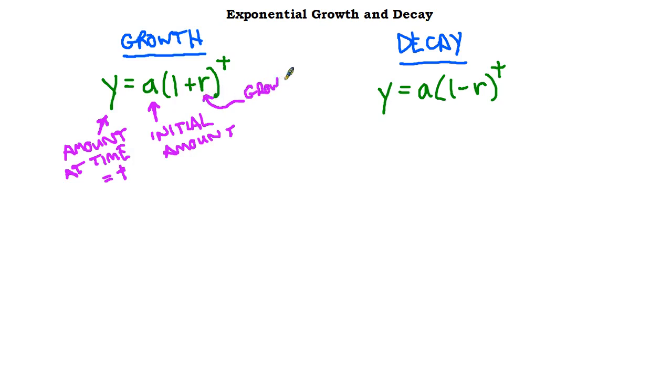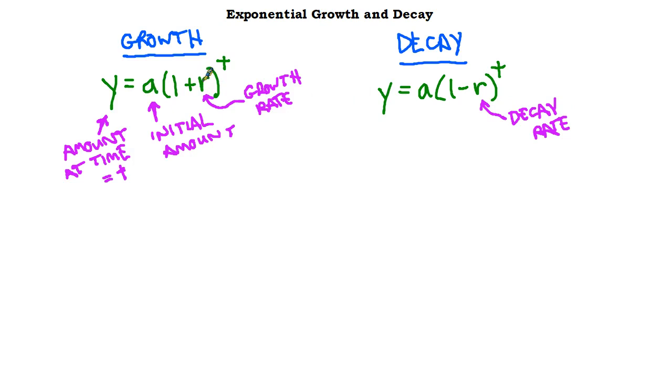Now, it's the growth rate when we're adding 1 to it, okay? Over here we have an r also, and this r is the decay rate. And it's the decay rate when we have 1 minus that value. And what are values that r can assume?